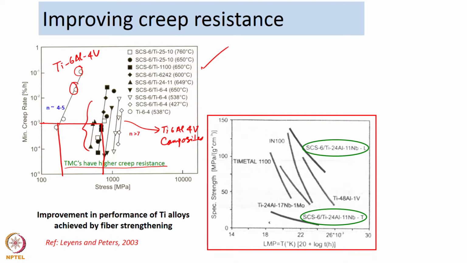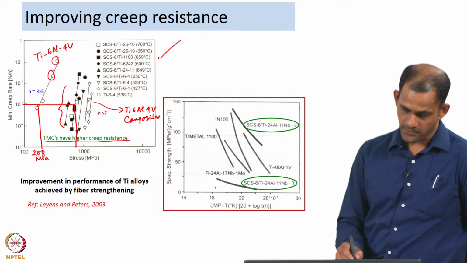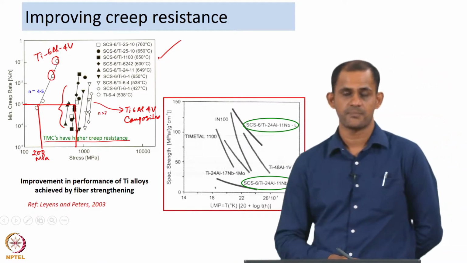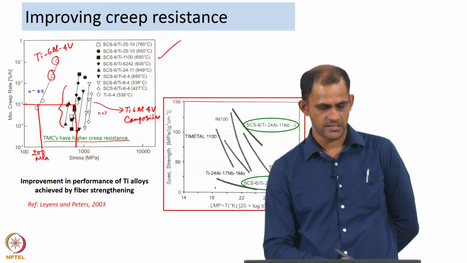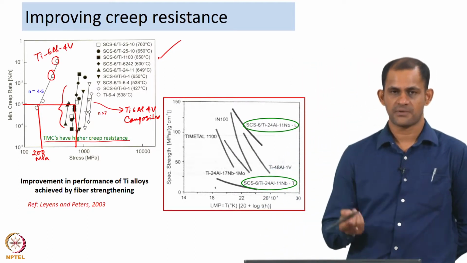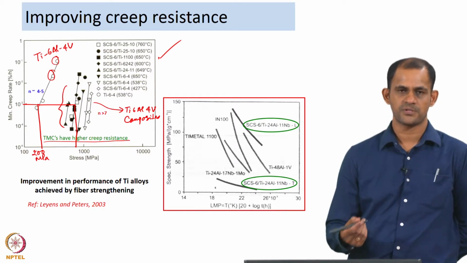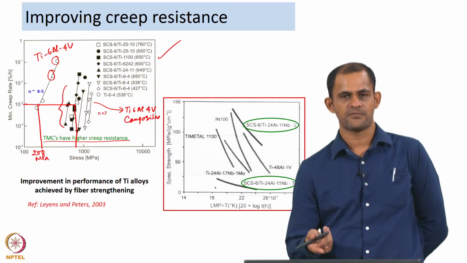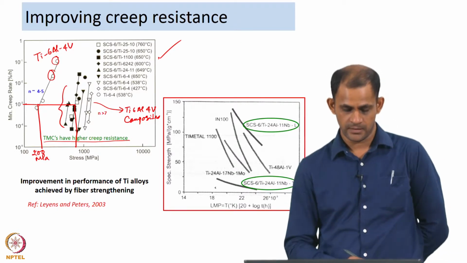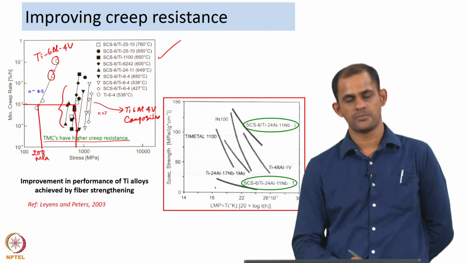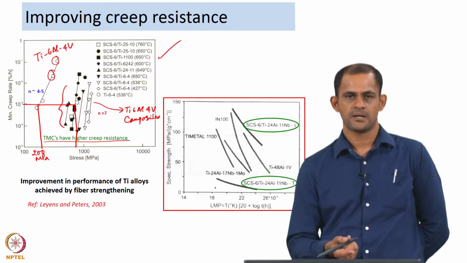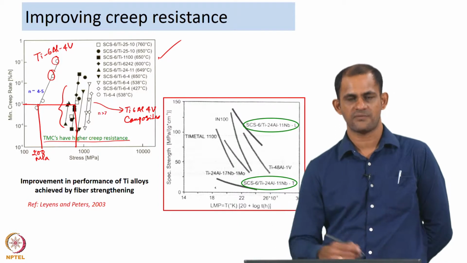So, clearly to achieve a creep strain rate of 10 to the power minus 3, Ti64 may need around 200 MPa applied stress, whereas the composites will require at least 800 to 900 MPa applied stress. So, the composites require higher applied stress to produce the same strain rate of deformation. So, naturally there is an improvement in the performance of the titanium 6 aluminum 4 vanadium by the introduction of these particle strengtheners or the fiber strengtheners.